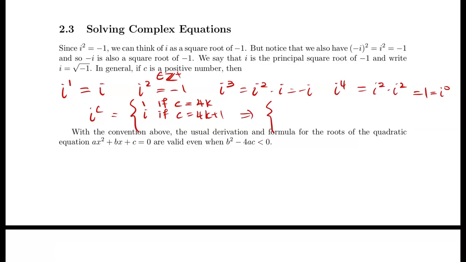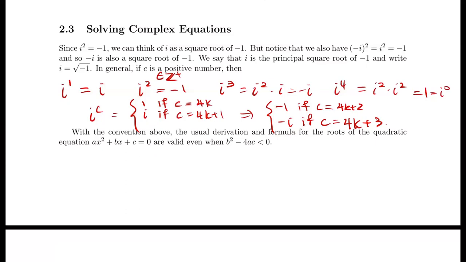So we would have negative 1 if c is equal to 4k plus 2. And last one, if we have 3, 7, 11, this would be negative i if c is 4k plus 3. So c could be any of these 4 forms, depending on what the value of k is.